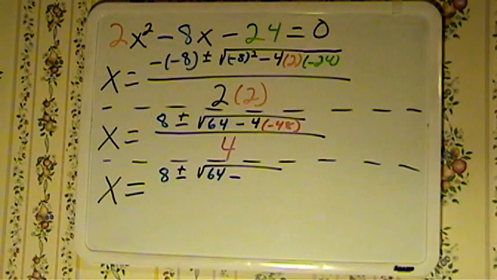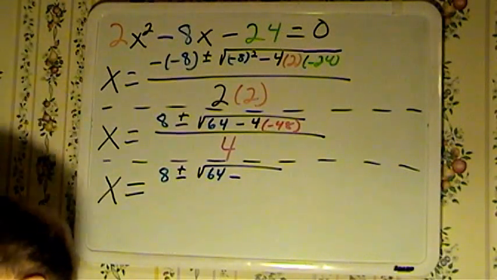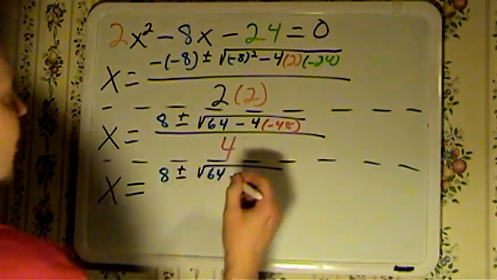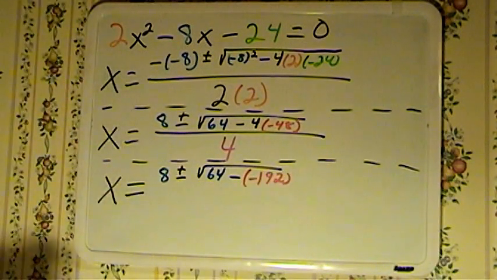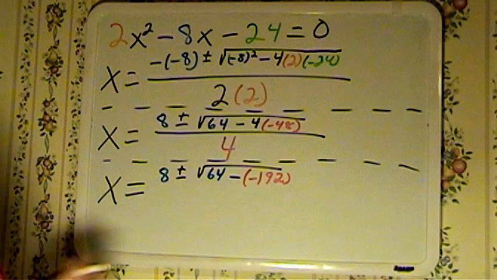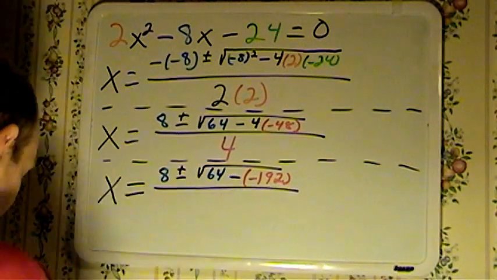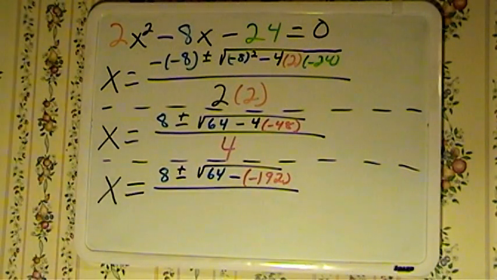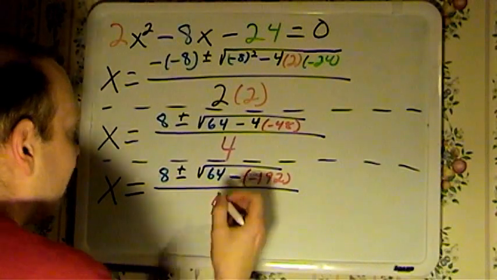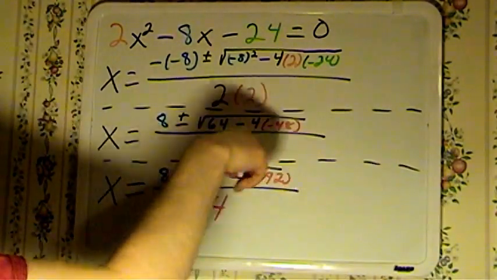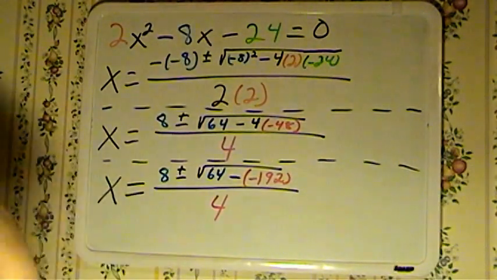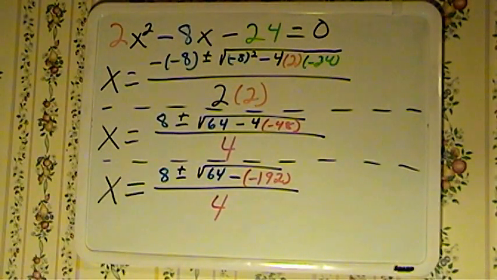Okay. So this is negative 192. And all of this is still over 4. Now, you could always combine these two steps instead of doing negative 48 and then multiplying it times the 4. But again, I'm just doing it small steps to keep everything clear.